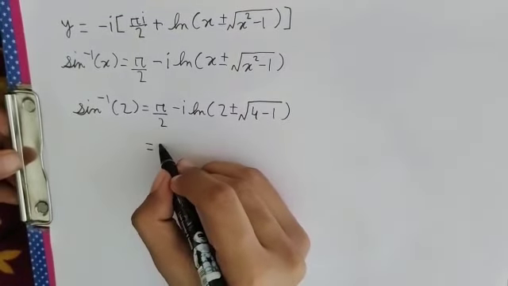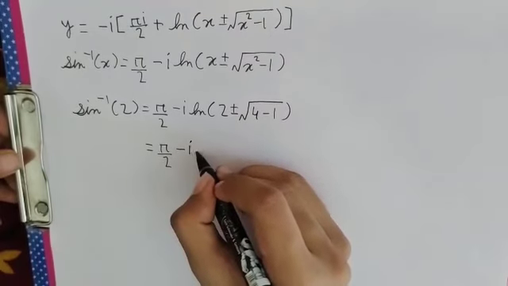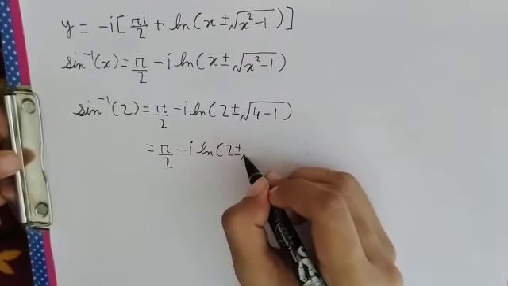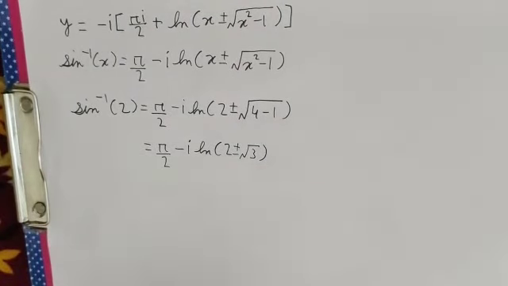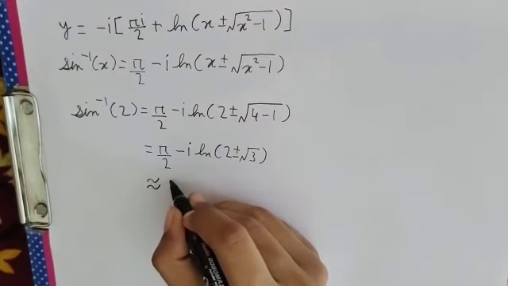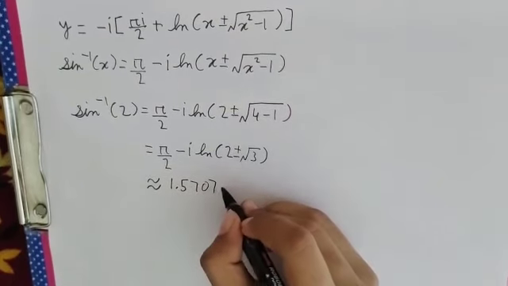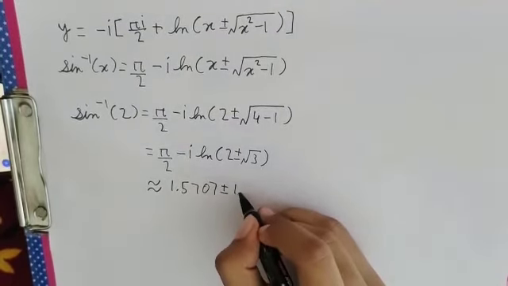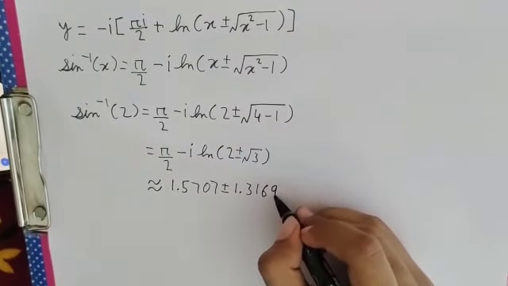This will be equal to π/2 minus i ln of (2 plus minus root 3). This is approximately 1.5707 plus minus 1.3169 i.